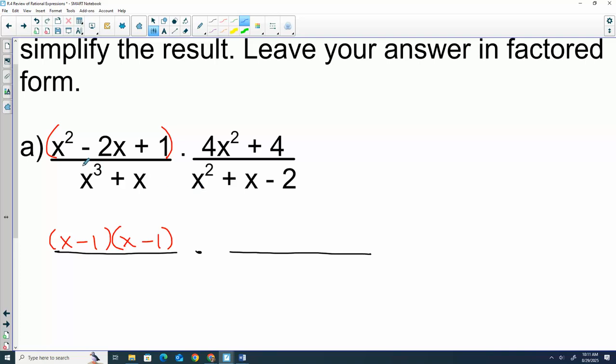If I look at the denominator of that fraction, what can we do? That one's a perfect cube, x isn't, but what do they have in common? X. We can just take out a GCF of x. That leaves x squared plus 1. Does x squared plus 1 factor? No.